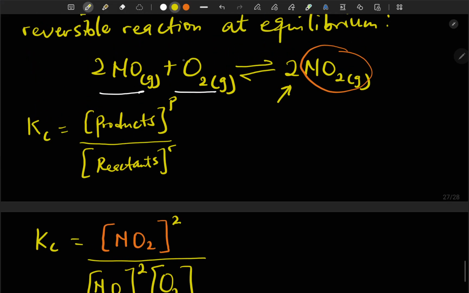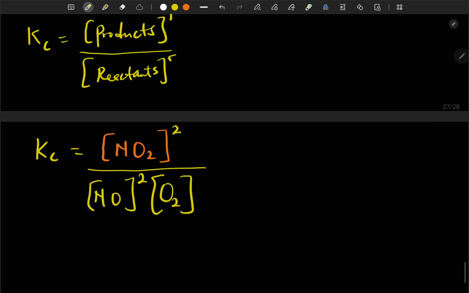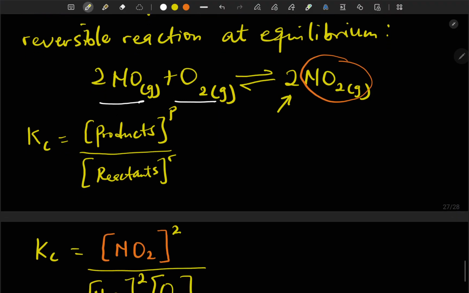What's the number of moles of O2 here? It is 1. That is why no number is written here. When there is no number written, then that is 1 mole, so we don't need to put the power of 1. We can always leave it out. So this is the expression of Kc for this equation. Simple.